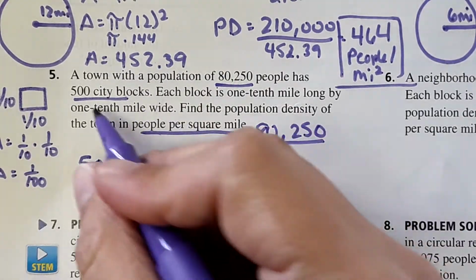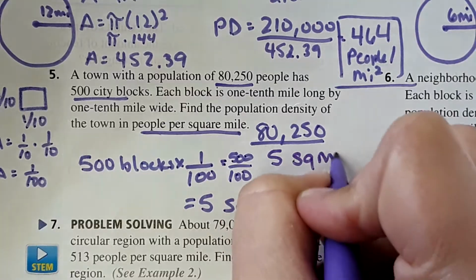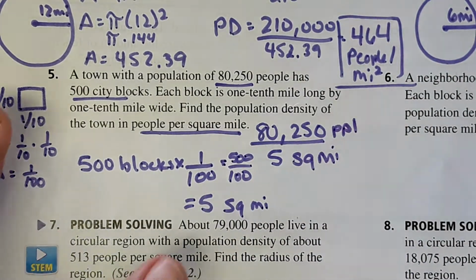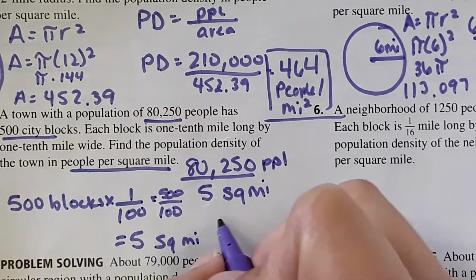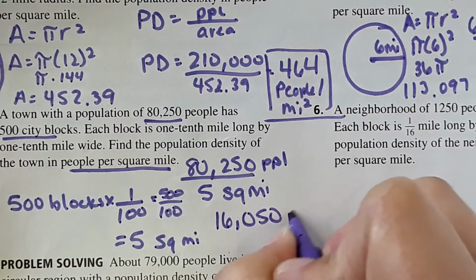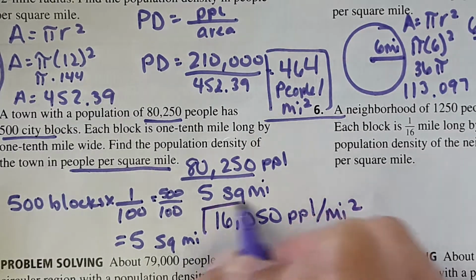So the area of these 500 city blocks is 5 square miles. This is the number of people, and then we can divide those two numbers to get 16,050 people per mile squared.